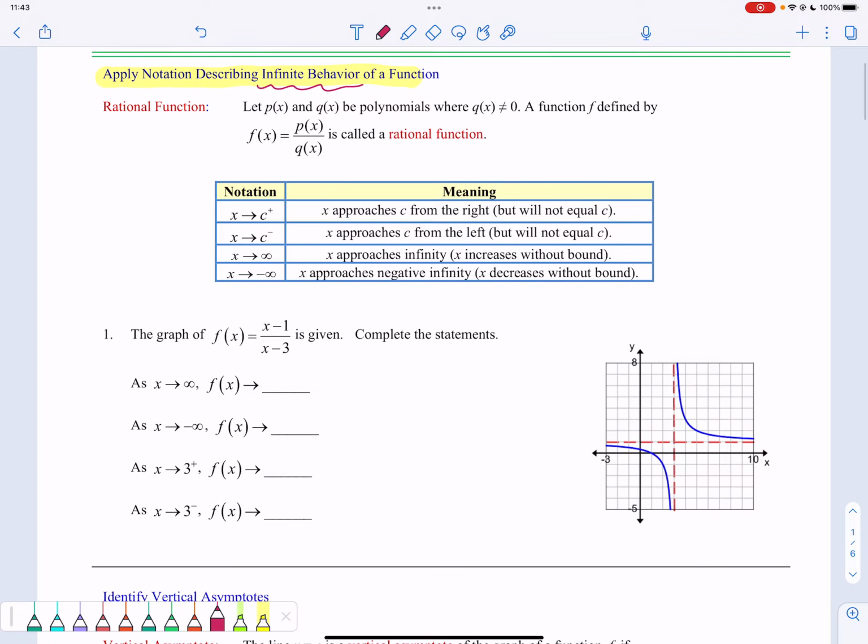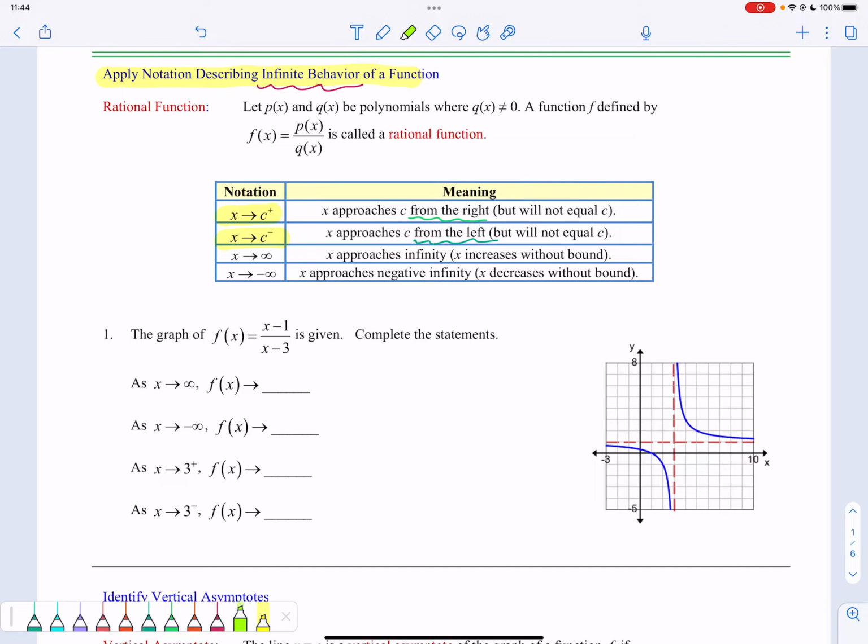The notation is this: x approaches a constant coming from the right, but will not equal that constant. x approaches this constant coming from the left, but will not equal that constant.